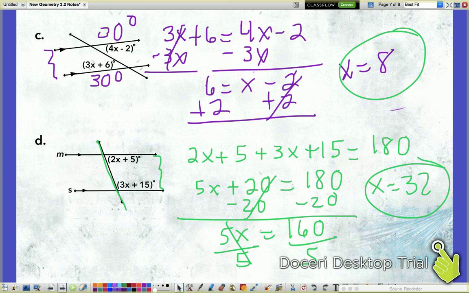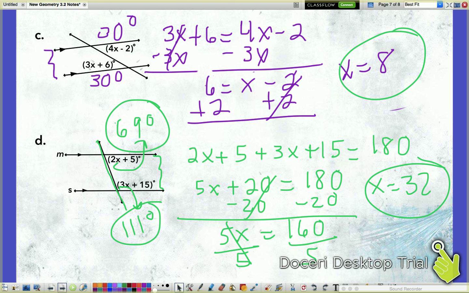So this angle would be 69 degrees. And you can either plug it back in or take 180 minus 69, and you should get 111. So this angle is 111 degrees. I hope I did not lose you too much with that mistake. If I did, I'm sorry.